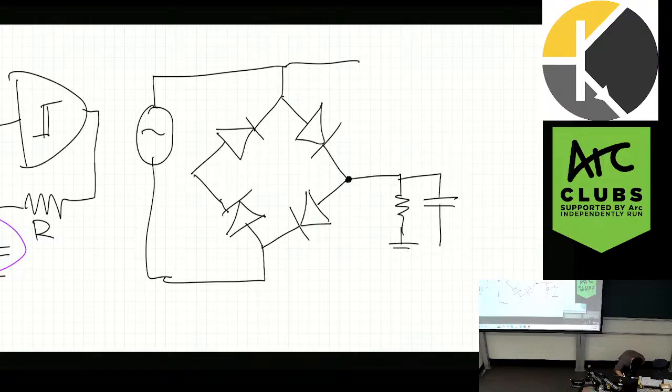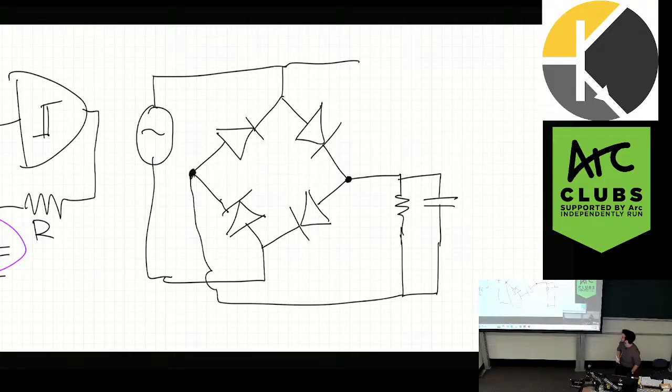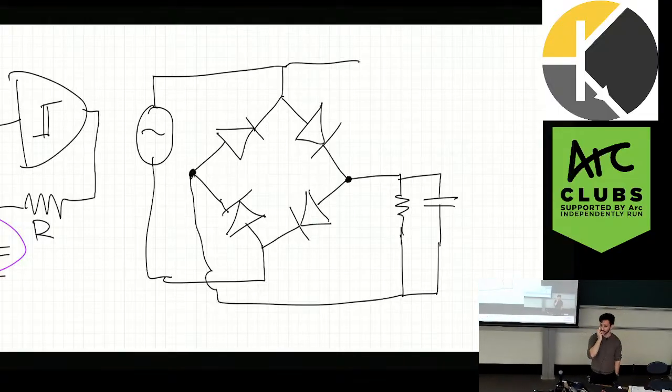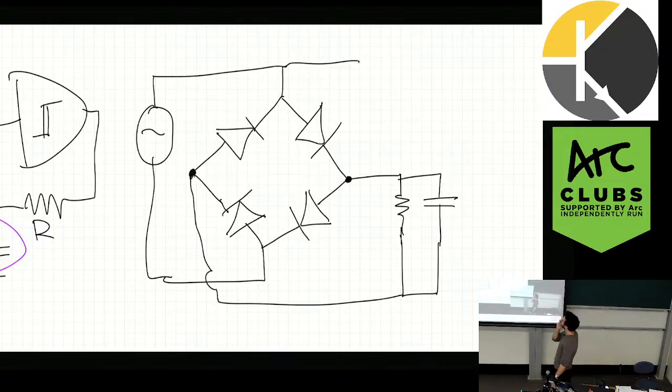Oh, sorry, not ground. And then these will connect. I always suck at drawing this one. That is awful. But okay, this is a bridge rectifier, right? It's not. What have I drawn wrong?